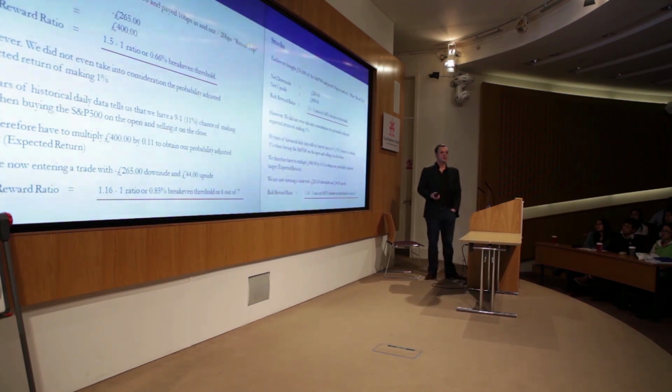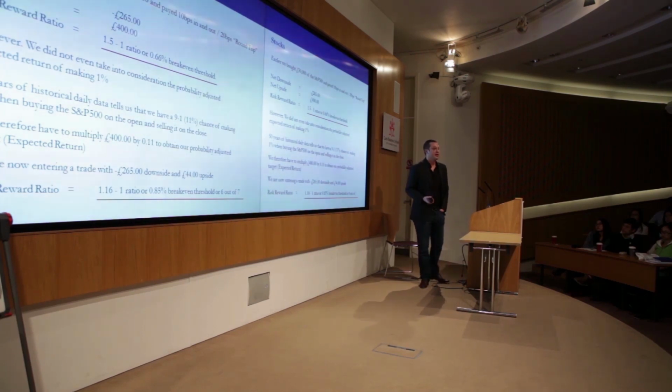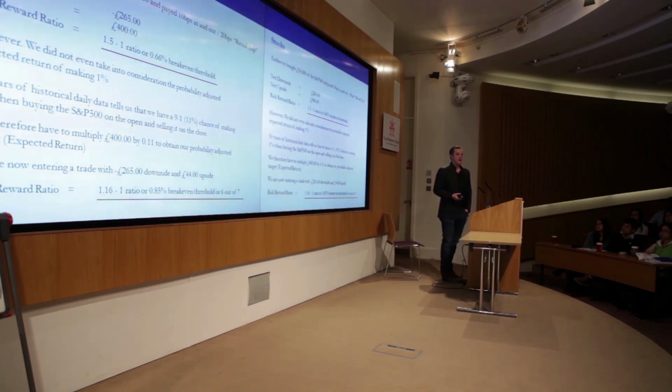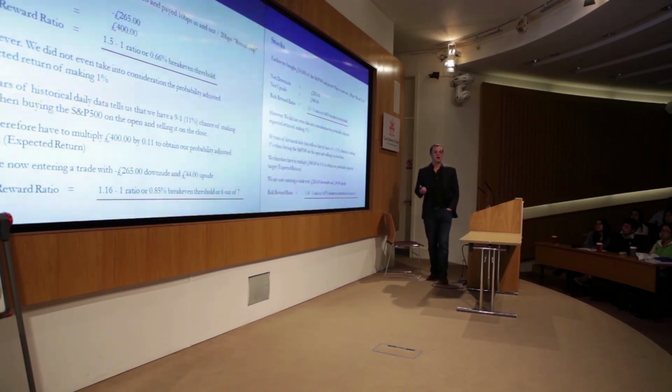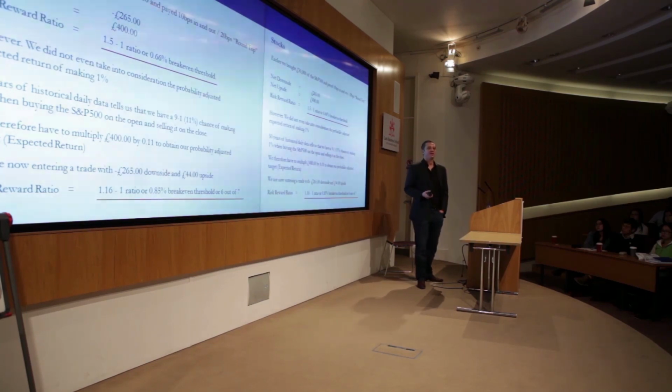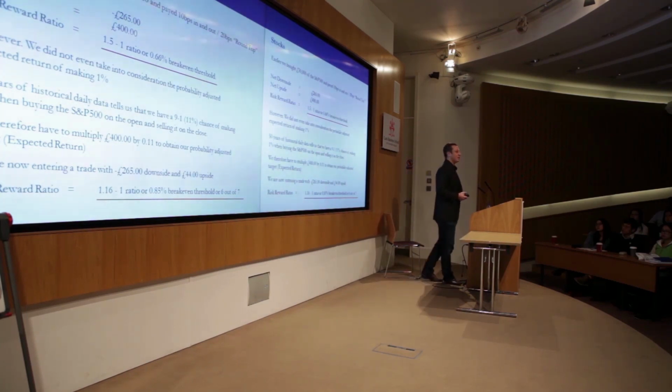Opportunities to make money on a short-term basis. That doesn't mean opportunities don't exist full stop. It's just the nature of the beast. 80% of the time, there's no opportunities to make money on a one-day basis. So what have you got to do? What have you got to do?